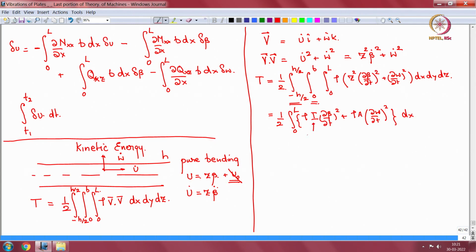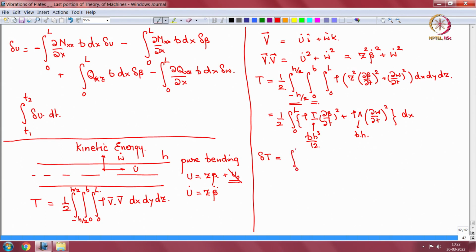I is of the form bh cube by 12, and bh is the area.